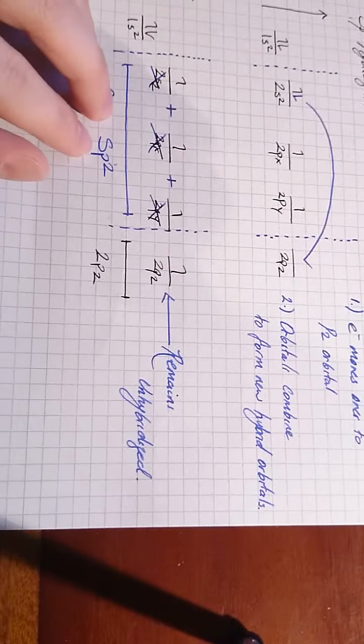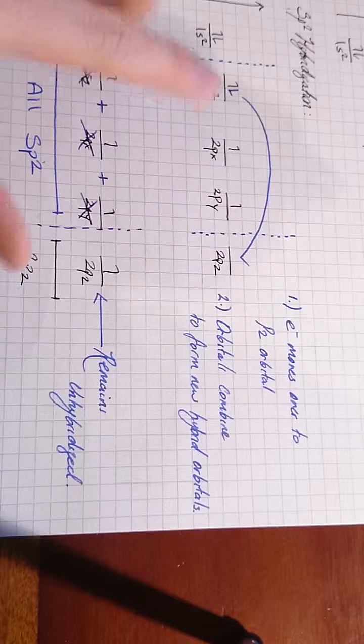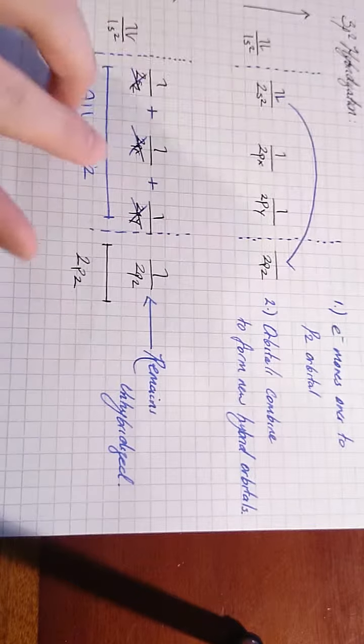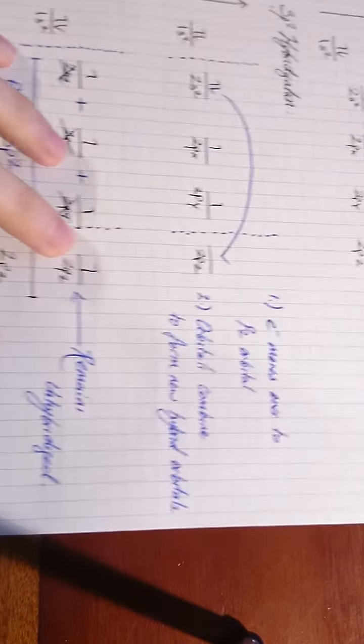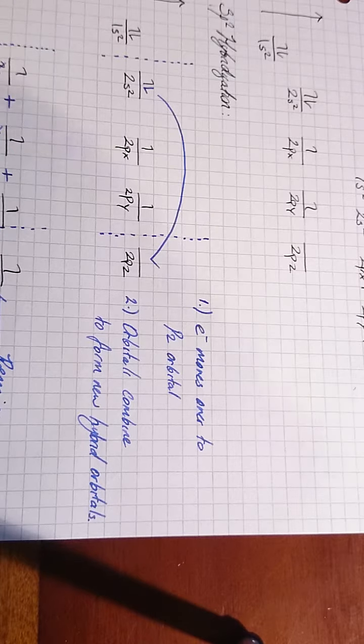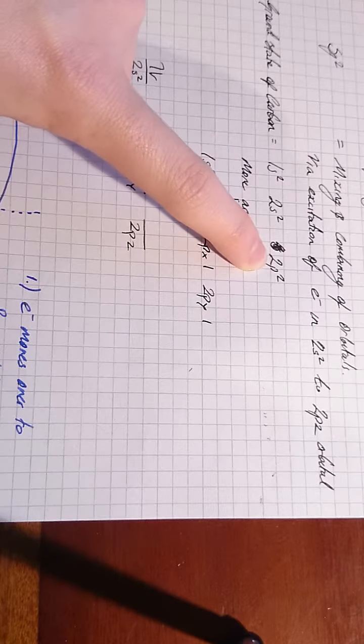So, sp2 orbital is formed from the hybridization of the 2s orbital with 2 of the 3 2p orbitals. The ground state of carbon, which is the lower energy state, has electron configuration 1s2, 2s2, and 2p2.